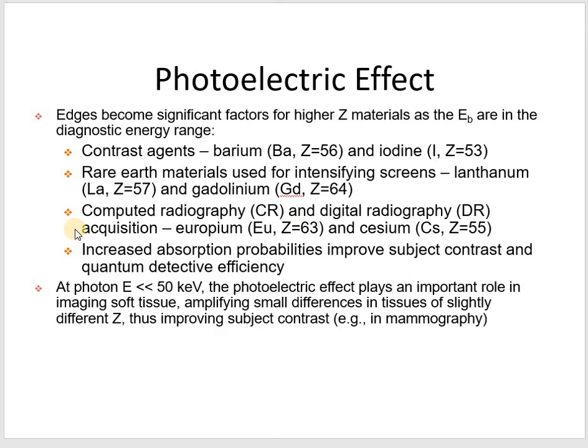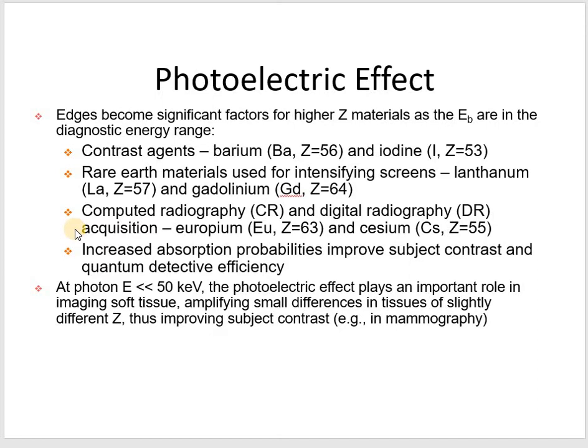Number one, way after, I think it's topic number 4. Because of the photoelectric absorption, for two different tissues that have similar atomic number, where the difference in terms of density is very low, the tissue can be highlighted by tagging the material with a high Z number material. For example, iodine and barium are among the solutions used to increase the atomic number for a particular tissue.